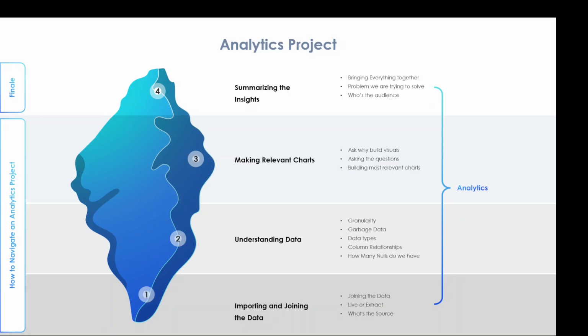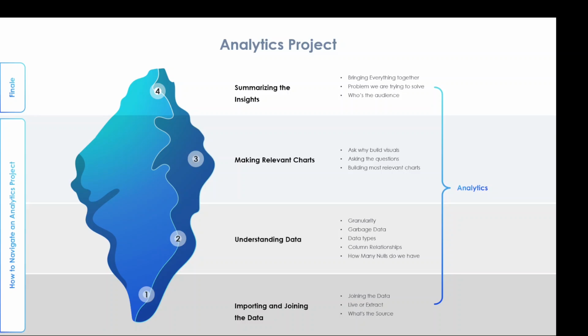The second part is probably understanding your data. This is probably one of the most important steps in here. And this involves understanding what's the lowest grain of your data, which are some of those columns which you probably don't need, which is mostly garbage data, and how to get rid of those columns, what data types you have, essentially trying to understand what columns are strings or dates or numbers for that matter.